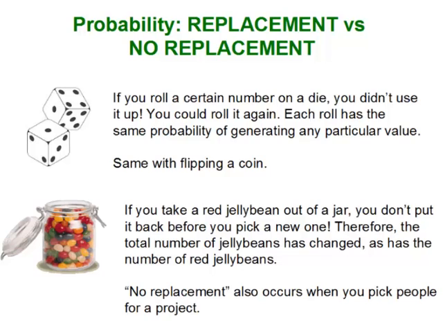Later flips all have the same chances that the initial flip did, if you're just looking at the individual flip. But in a jar kind of situation, you do use up the quantity as you take jelly beans out. And that same principle applies if you're assigning people to a team. Once you've assigned them to the team, they're no longer available to be assigned again.